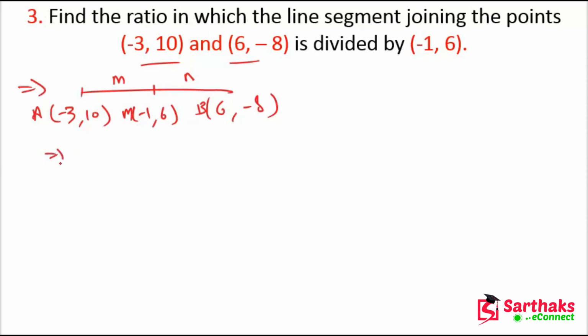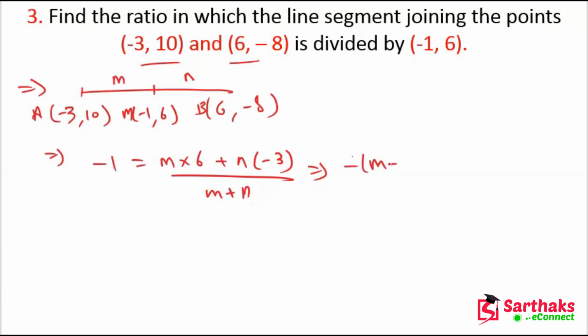Now we know that -1 is equal to m into 6 plus n into -3, divided by m plus n. So -(m plus n) is equal to 6m minus 3n.